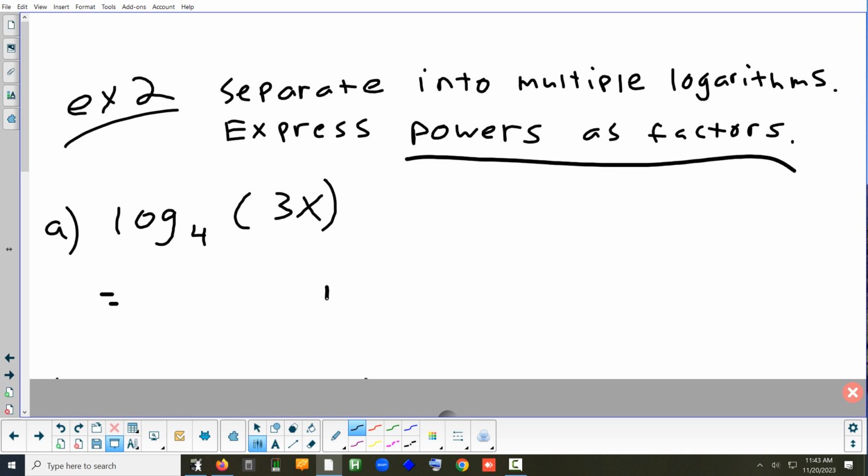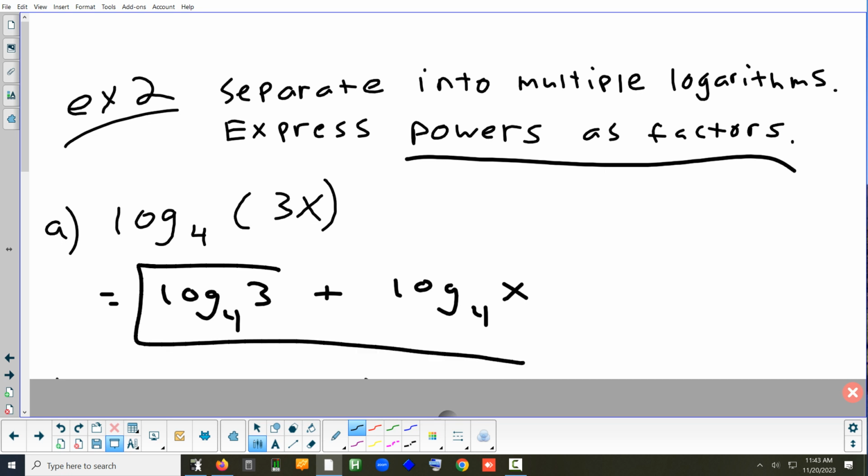It's a sum. So we're going to have 2 logs. What is going to be the base on each log? It's going to stay exactly the same as the original. My first argument is my first factor, and my second argument is my second factor. That's how you separate that into 2 logs.